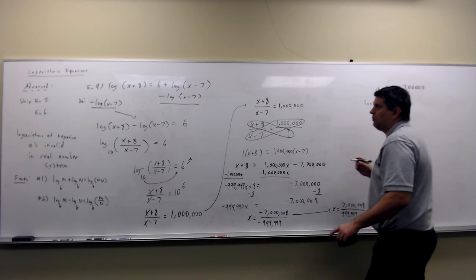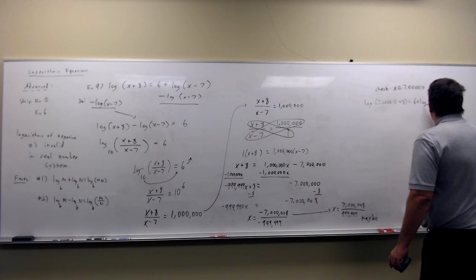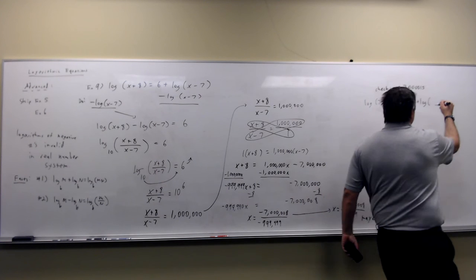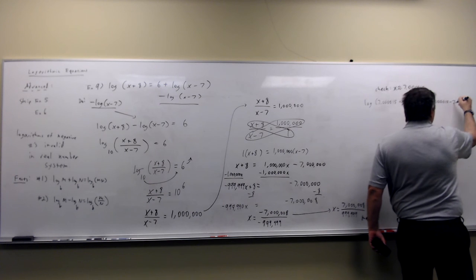I want to know if it equals 6 plus logarithm of 7.000015 minus 7.